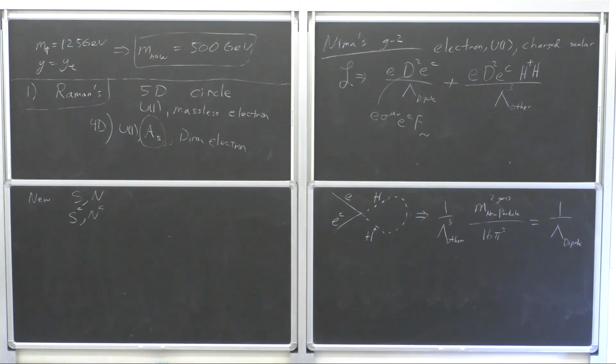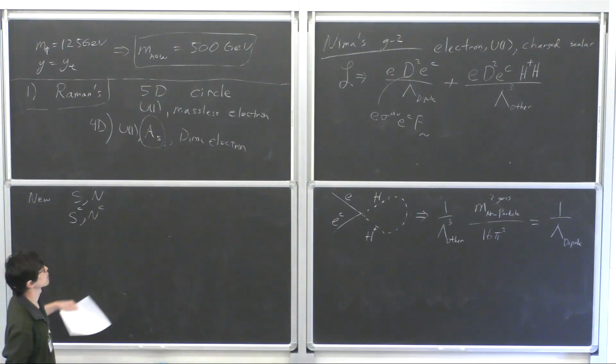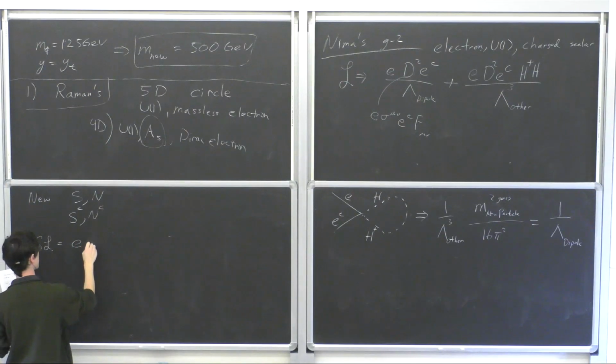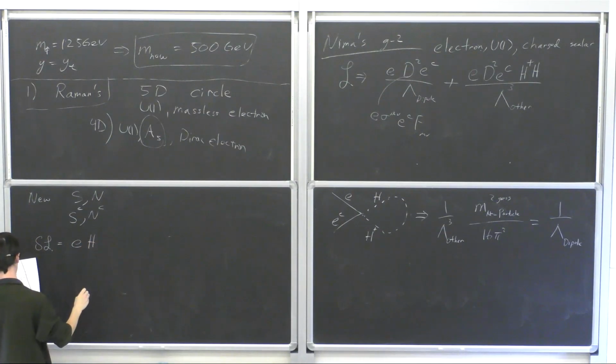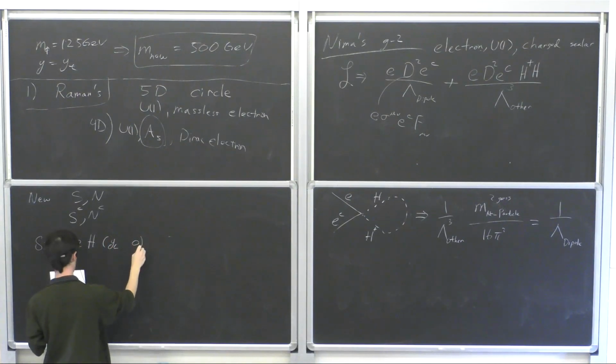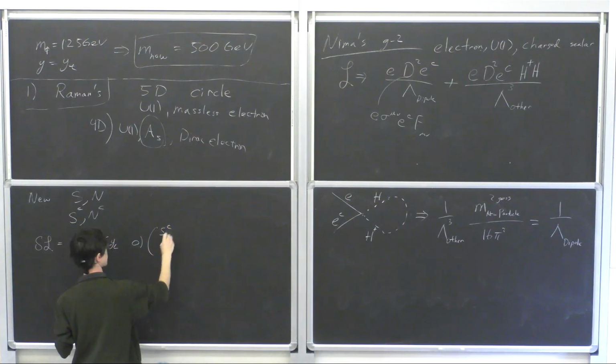Hopefully people at least have seen this particular way of writing Weyl notation of conjugates on fermions to write their left-handed and right-handed pieces. But okay, so the Lagrangian I'm going to write that UV completes this is going to be E H, the Yukawa coupling times S conjugate N conjugate.